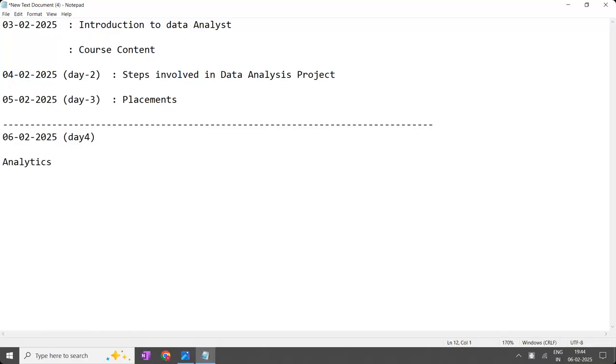After explaining the different types of analytics, I'm going to explain the difference between data science versus data analyst versus data engineer. This is what we are going to discuss in today's class, along with the course content and the course schedule.